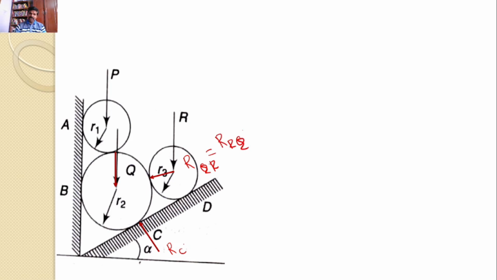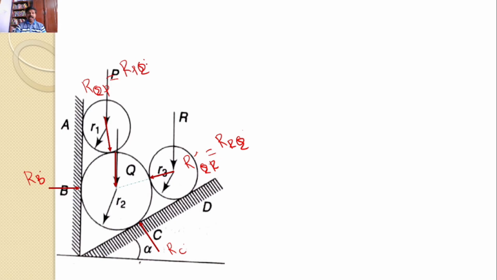RRQ value we calculated by considering the R sphere, so this value is already known. Then the reaction from the vertical wall, this value is RB. And then the reaction by roller P on roller Q, which I will consider as RQP, which is nothing but RPQ.